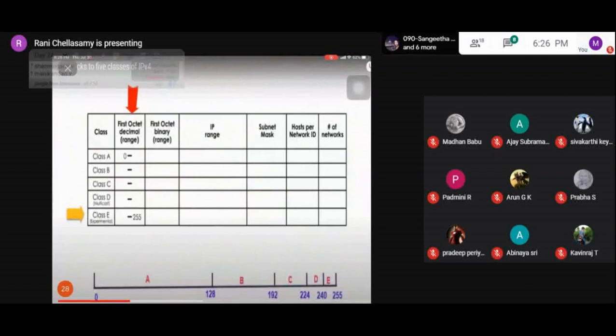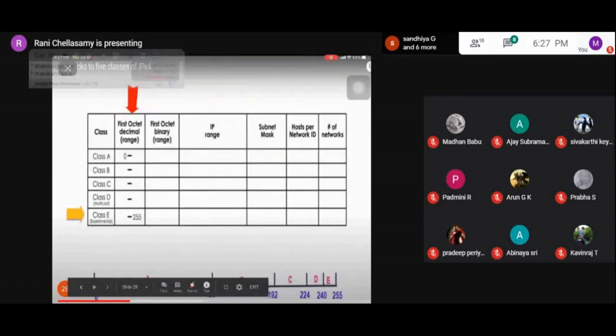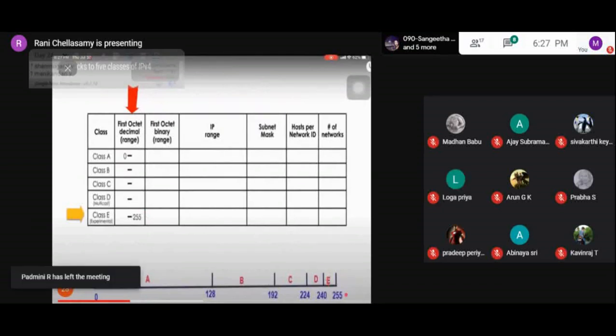For class A, the decimal range starts from 0, and for class E, the last value is 255, as you can see here. So it is represented here.